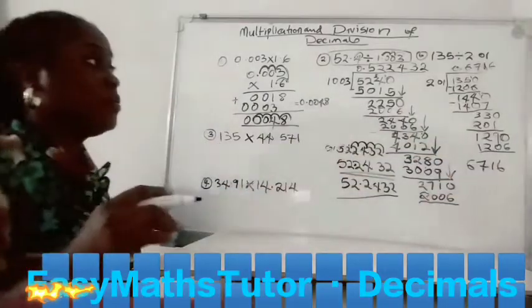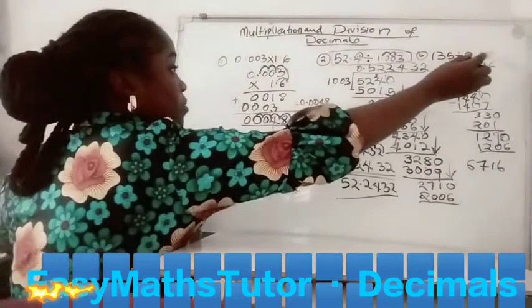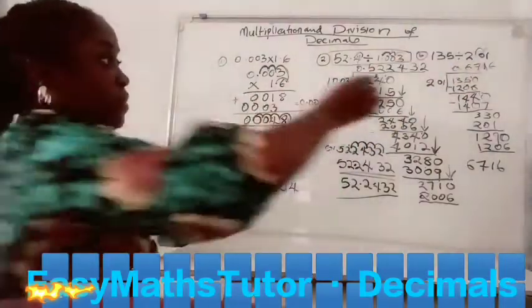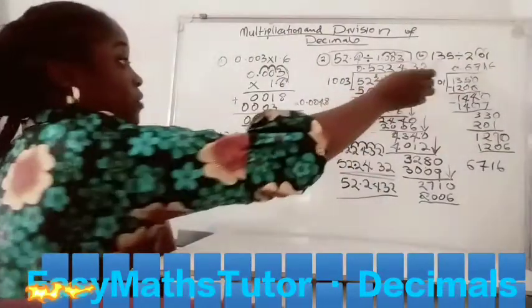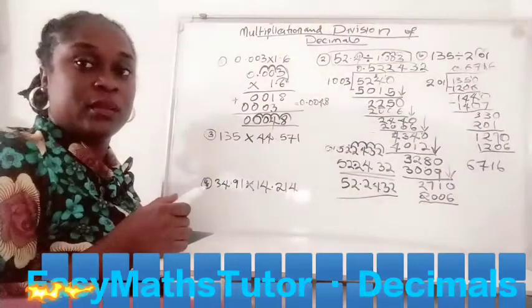6716. So we're going to count how many decimal places we have here. We have 2 decimal places on this side and no decimal place on this side. So a total of 2 decimal places.